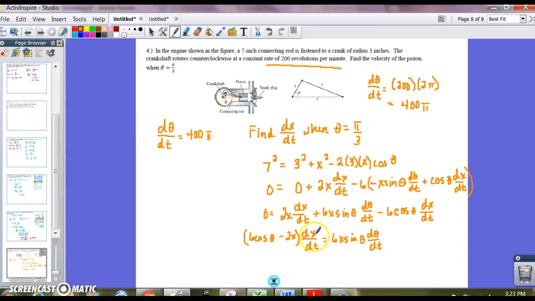So again, I'm solving for dx dt, so dx dt would be 6x sine theta over 6 cosine theta minus 2x times d theta dt. I'm going to go on to a new screen here just because I'm running out of room.